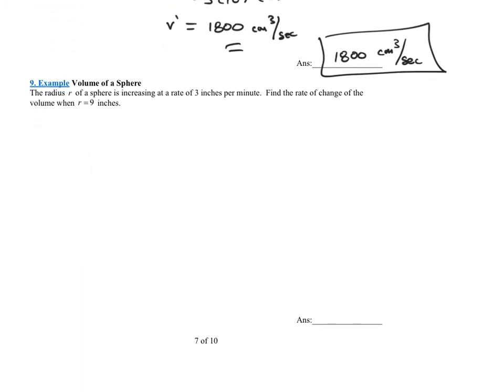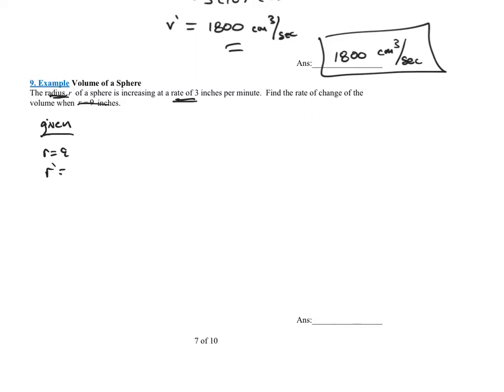Example 9 here says the radius r of a sphere is increasing at a rate of 3 inches per minute. Find the rate of change of volume when r equals 9 inches. So what's given to us? We're given that r equals 9. I see that right above there, right? We're given the radius is changing at a rate of 3.